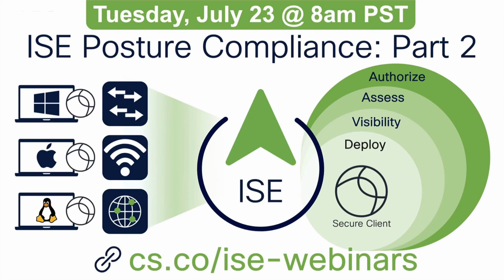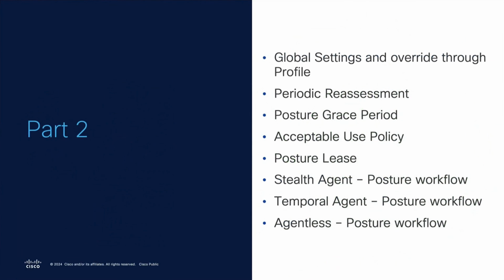Now, just to make you excited about the second part of our webinar, whatever we haven't covered today, or that we are not clear about, we want to cover as part of part 2. This is the agenda I'm going to cover. We haven't even looked at the global settings or modified them.